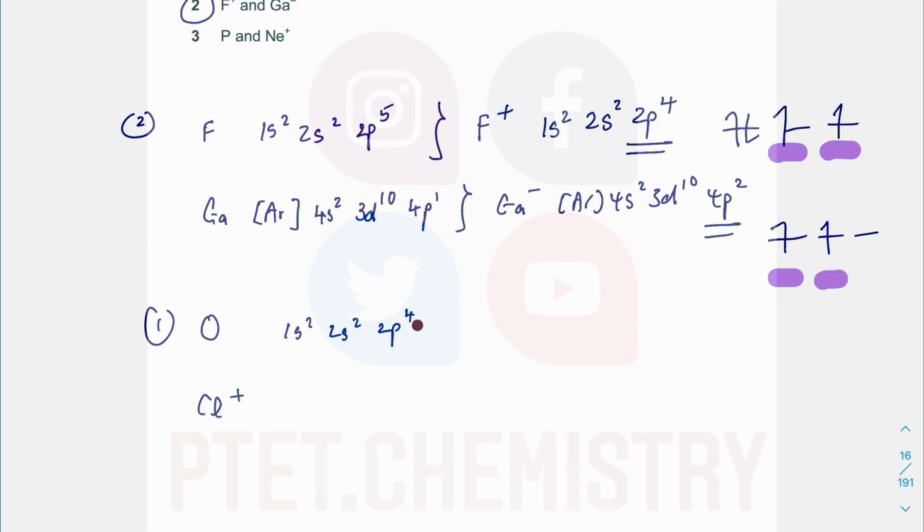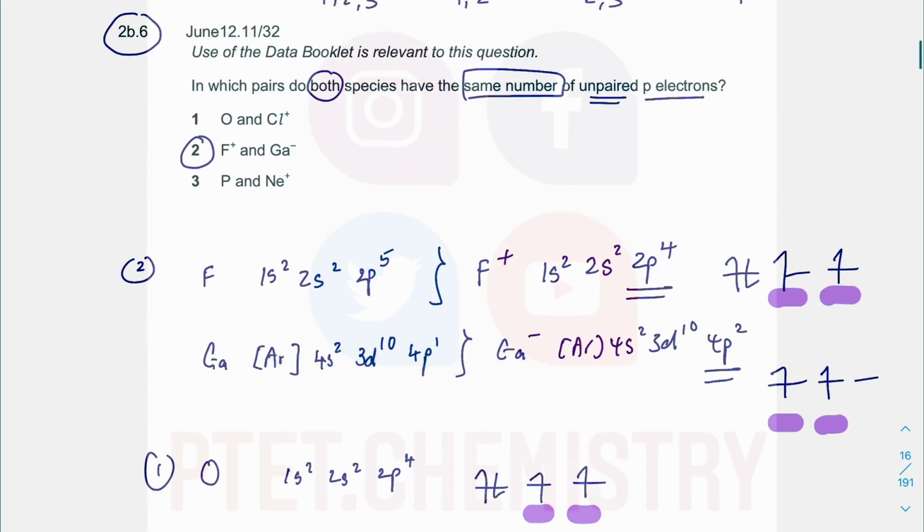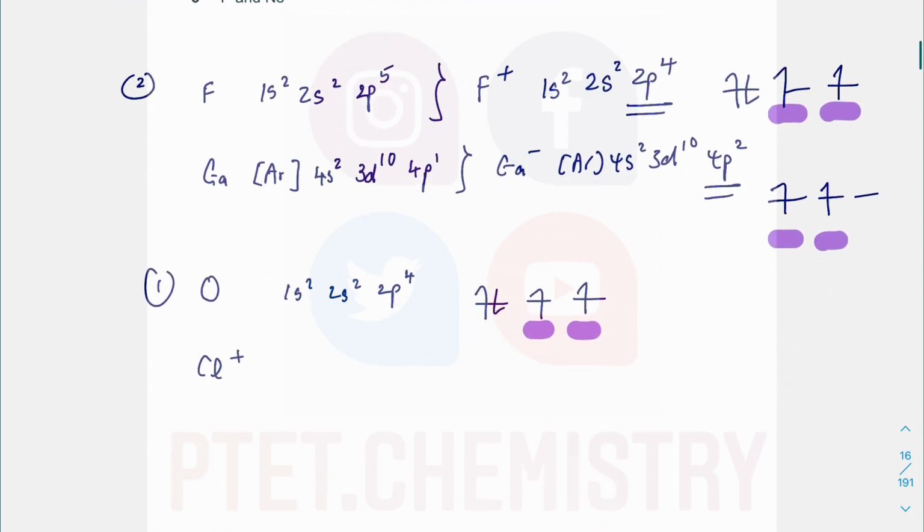So boron is the first p block for second row. Boron is p1, carbon is p2, nitrogen is p3, oxygen is p4. So 1, 2, 3, 4. Again, it has 2 unpaired electrons in the p subshell, in the p orbital.